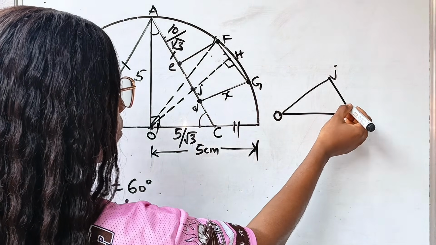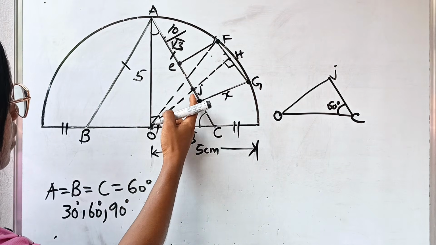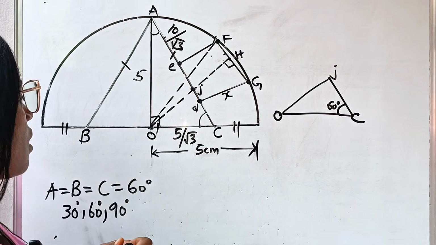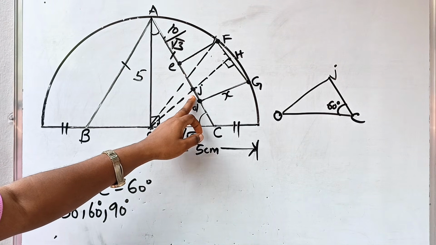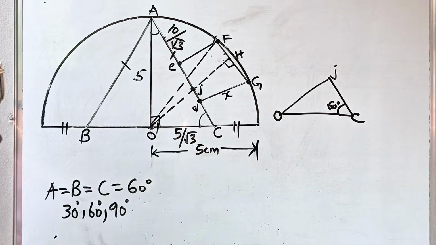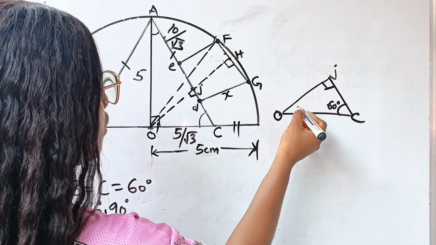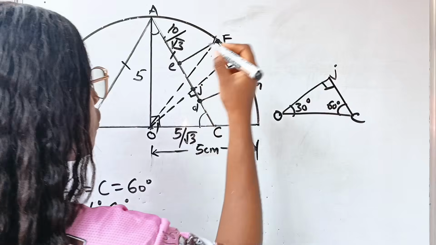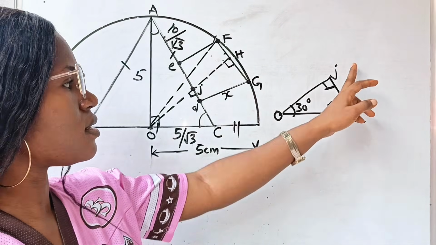And looking at this clearly, this place is 90 as well. So we have 90 here. Therefore, this is 30. Therefore, we have our special triangle again, triangle 30, 60, 90.